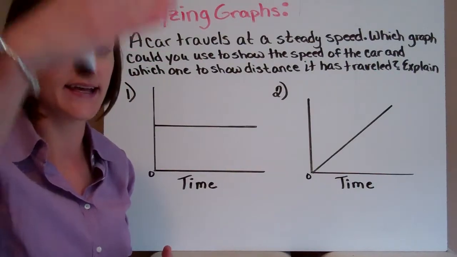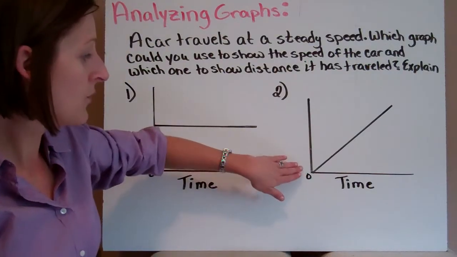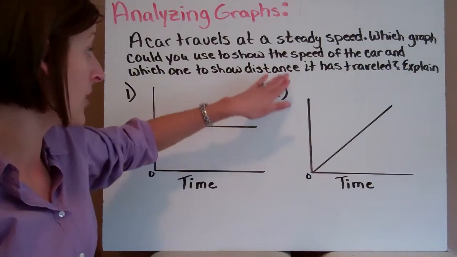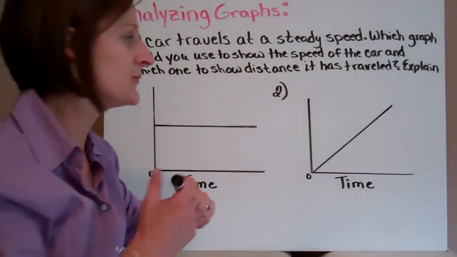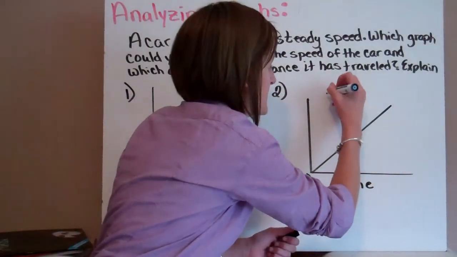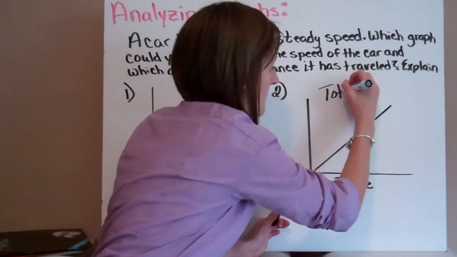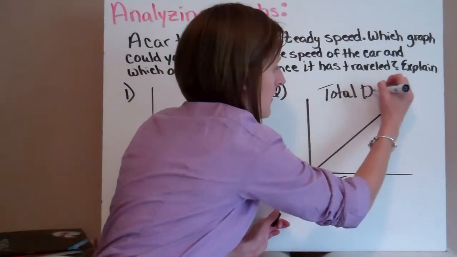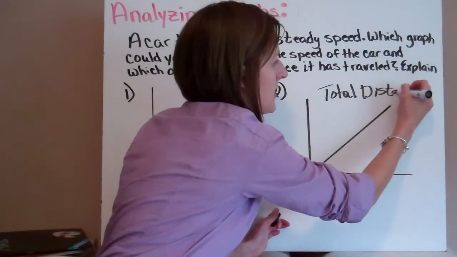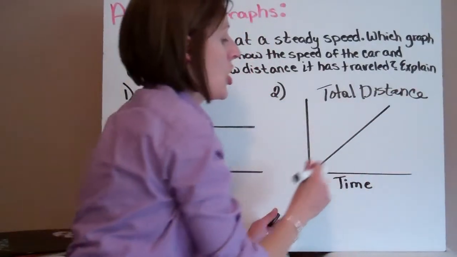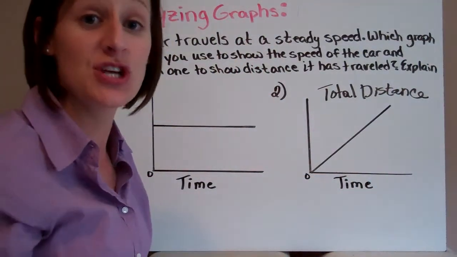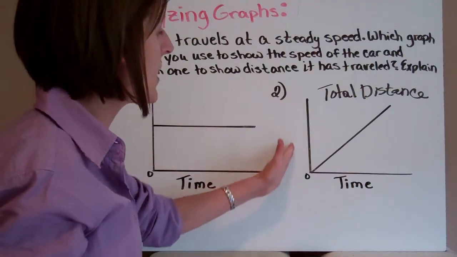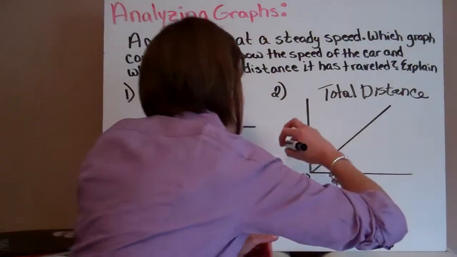You're constantly increasing it. So I would pick this one for my distance traveled, or my total distance, because it increases over time. My distance will change. So on my y-axis, I'm going to have distance.